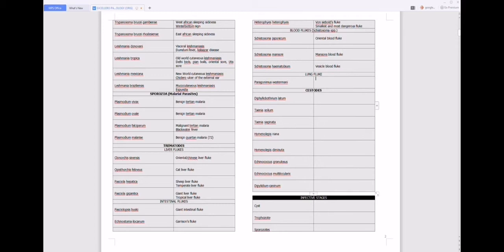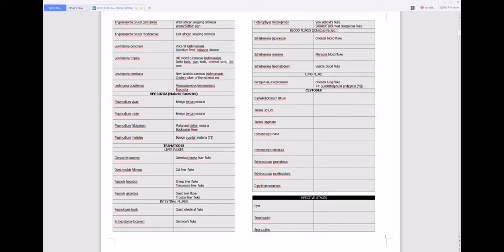Okay? So next, lung fluke. The only lung fluke that can cause infections in humans is Paragonimus westermani, the Oriental lung fluke. Okay? And its intermediate host is Sundathelphusa philippina. So what is Sundathelphusa philippina?